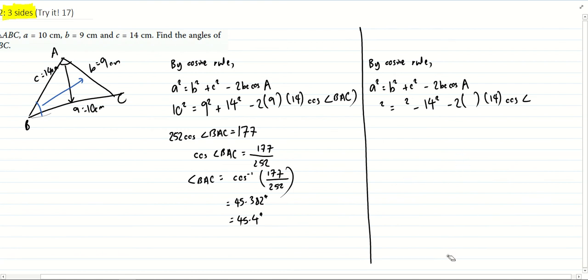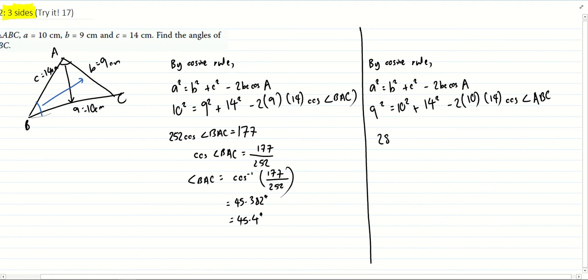Okay, so if I want to use cosine rule to find the next angle, this one will be 9 square because it's the length opposite the angle that I want to find, which is angle ABC. And this will be 10 square and 10. Okay, so I have 2 times 10 times 14, which should be 280.